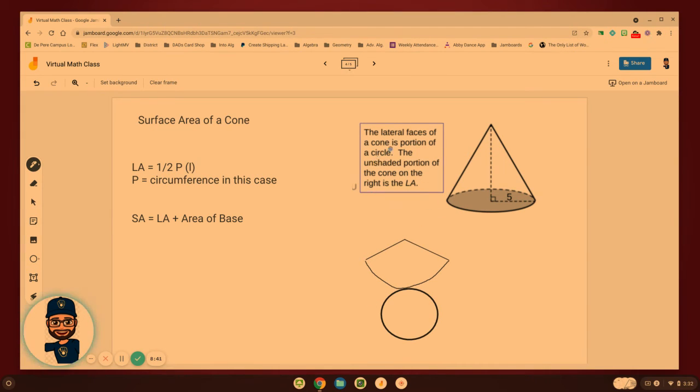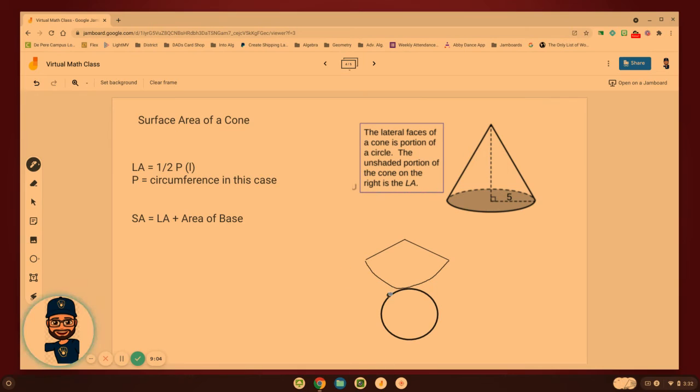The lateral face of the cone is that circle portion, the unshaded part, where the shaded part down here is the base. So for lateral area, it's half the perimeter of the base times the slant height.